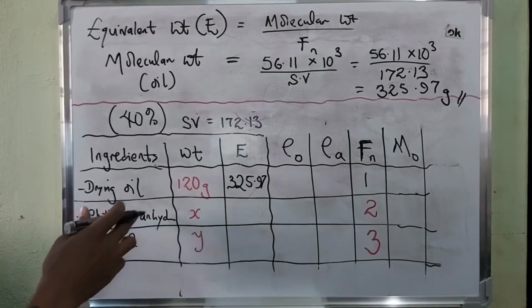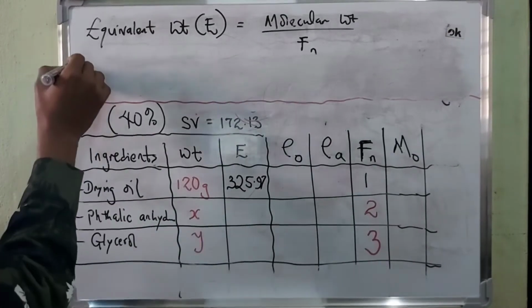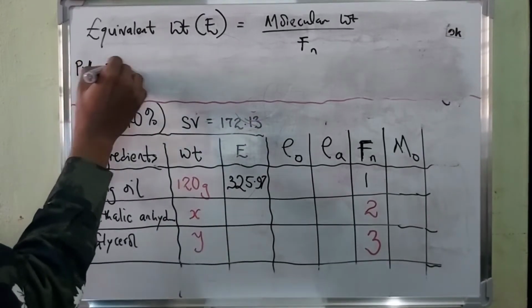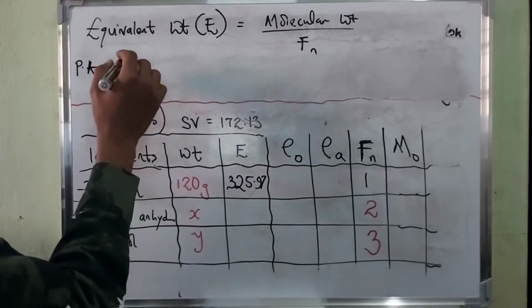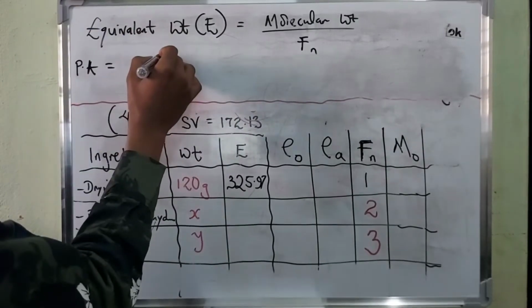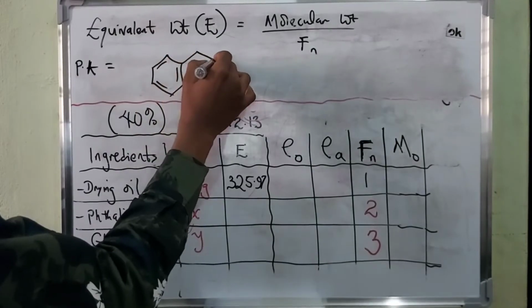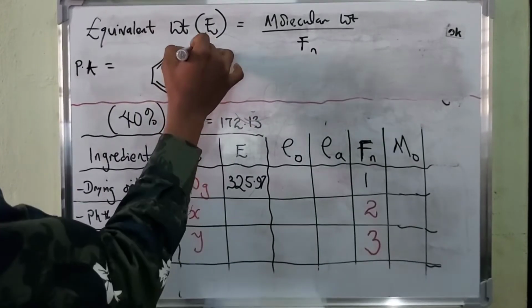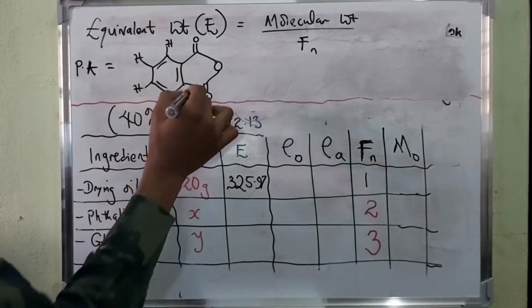For the benzene 1,2-dicarboxylic acid, let's determine its equivalent weight. Now for the phthalic anhydride, let me say PA, what's the molecular weight? Let's draw the structure again so we can determine it.